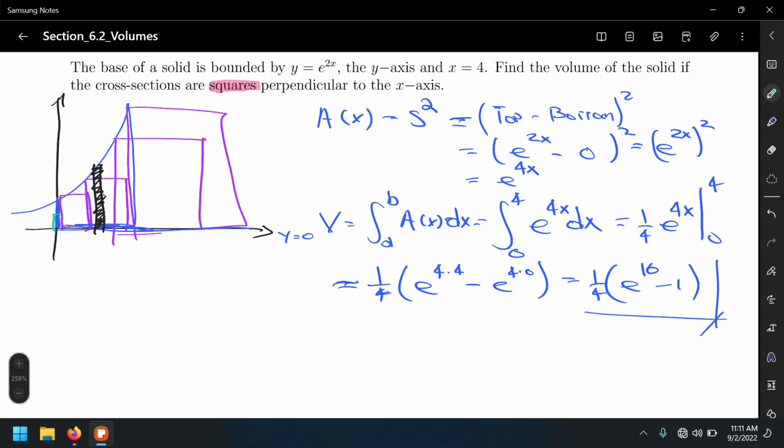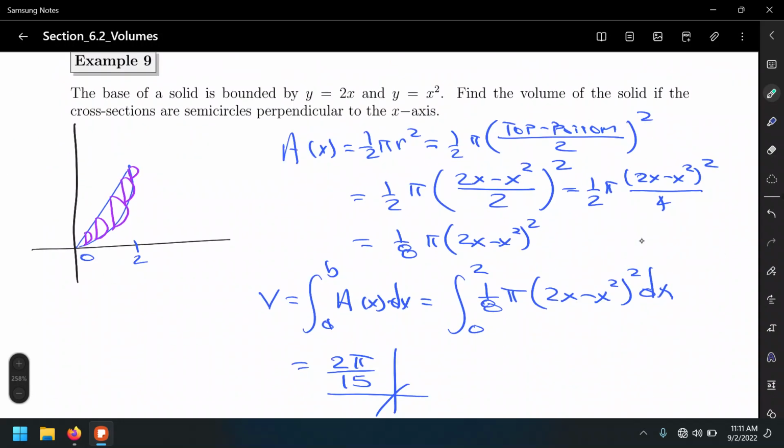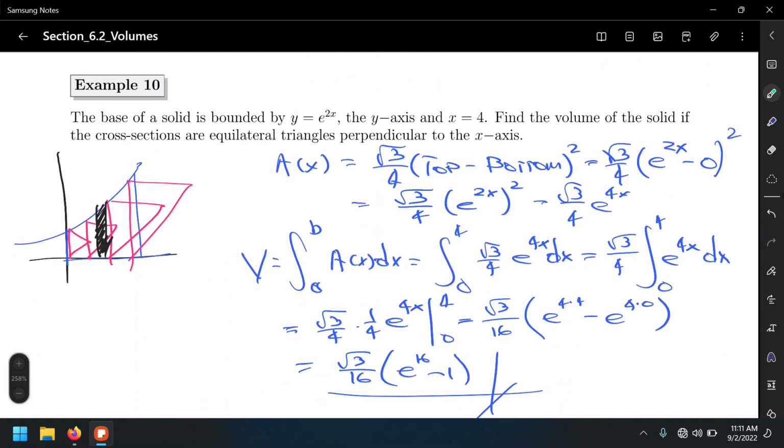We have these squares that are perpendicular to the x-axis. Over here as well, we work with functions of x. These cross-sections that were semicircles, did you see how they form a 90-degree angle with respect to the x-axis? Same thing here. These triangles also form a 90-degree angle with the x-axis, that is, the variable with respect to which we integrated.